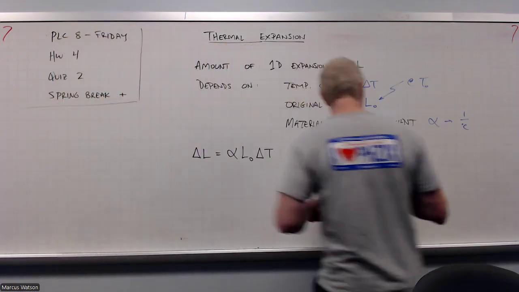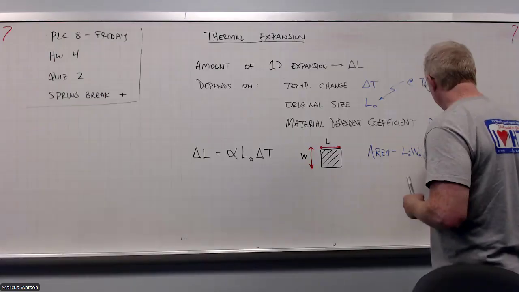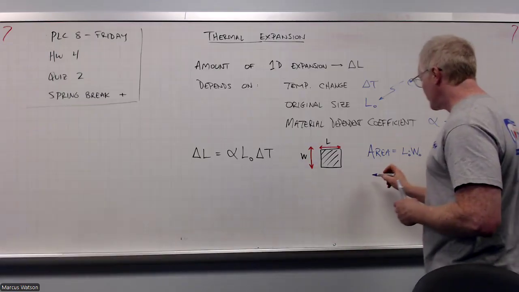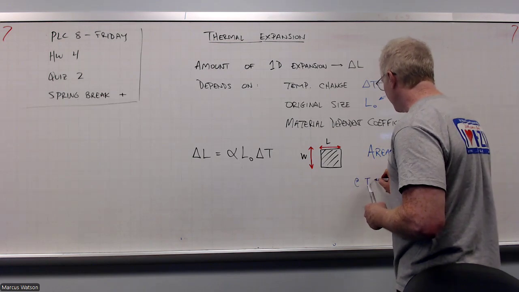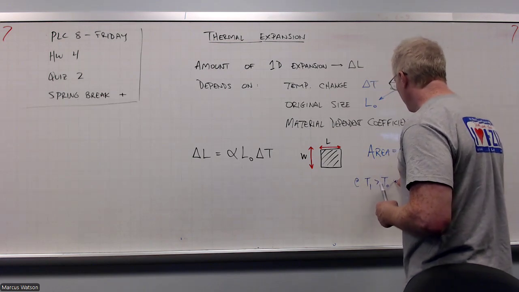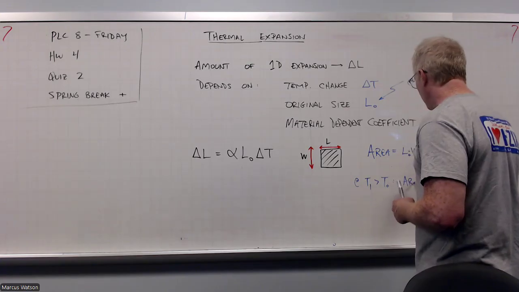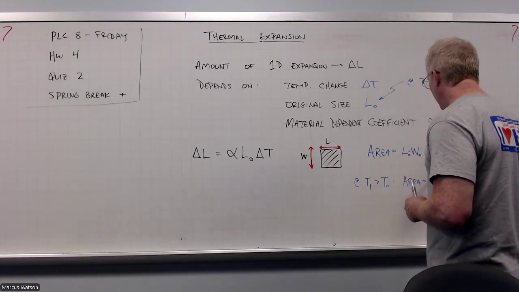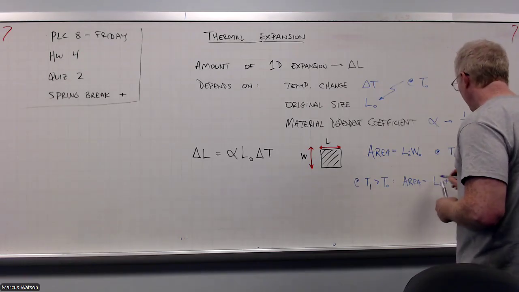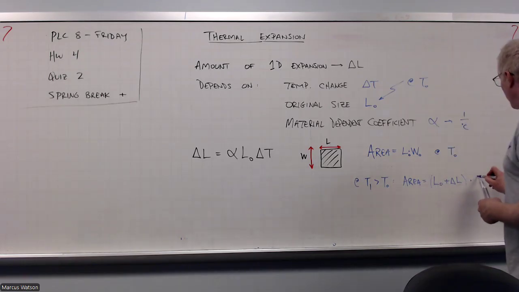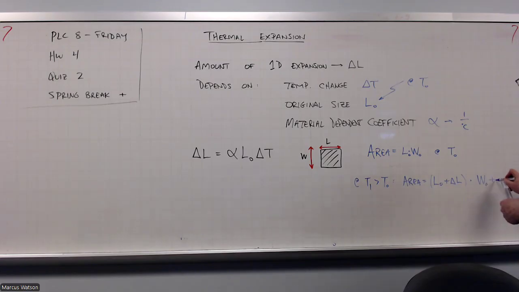Well, the new area, this is at, again, temperature T naught. Now at the new temperature, at T1, which is greater than T naught, we have an area which is going to equal L naught plus a little bit, multiplying the W naught plus a little bit, right?